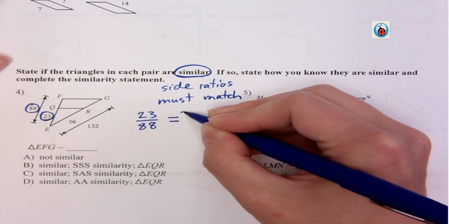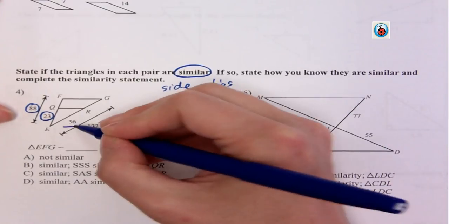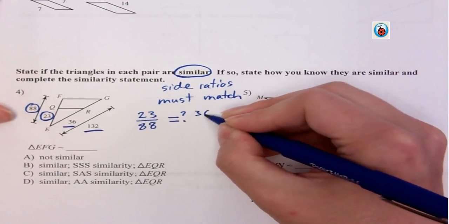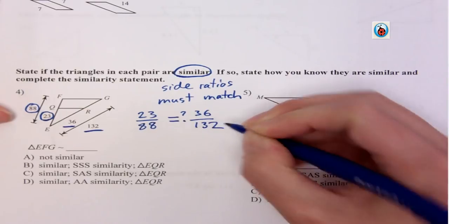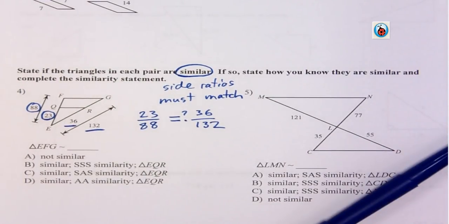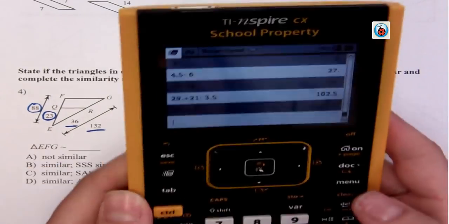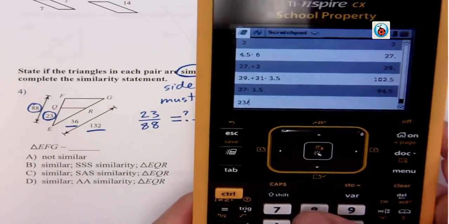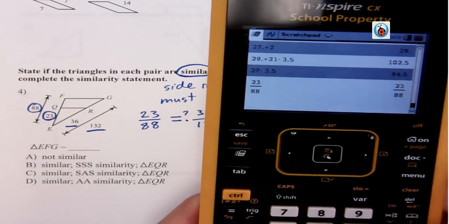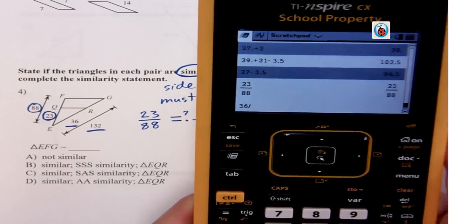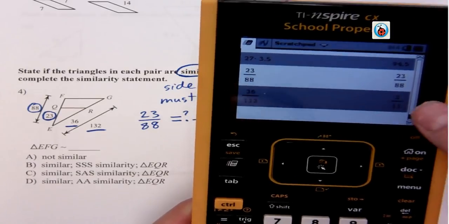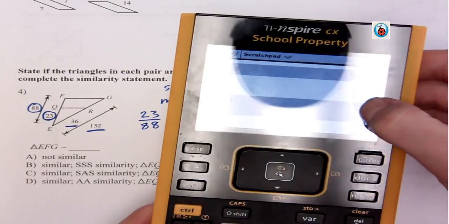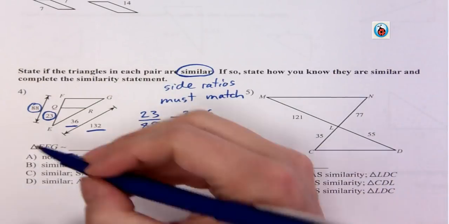Does that equal 36 over 132? And so in my calculator, I go ahead and type in 23 divided by 88, and I type in 36 divided by 132, and I find they do not equal each other. Therefore, my answer is not similar.